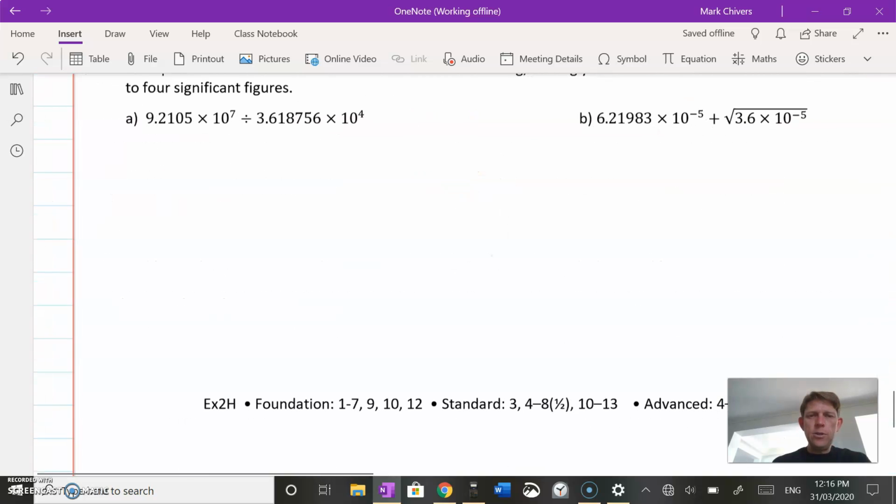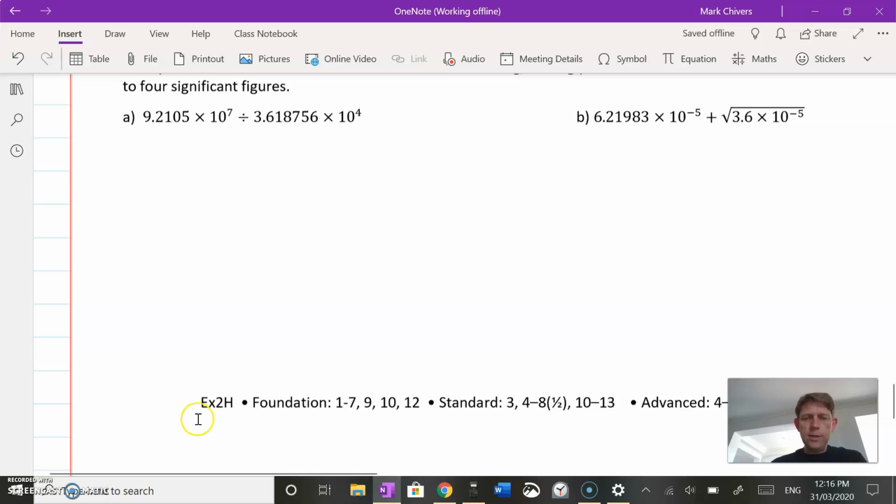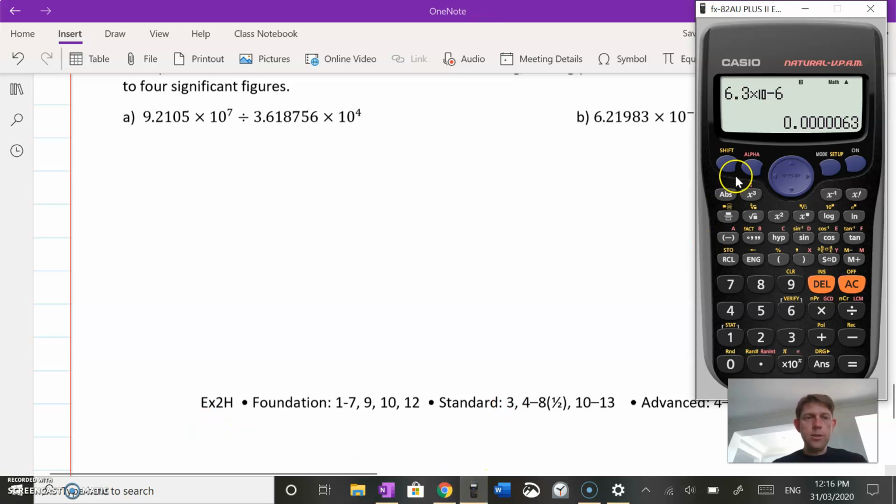And then finally, I'll just do probably one of these, just showing you an example on the calculator of how to do these questions. So if I do 9.2105 times 10 to the power of 7, and I divide by 3.618756 times 10 to the power of 4, and that's how you're going to input those in.